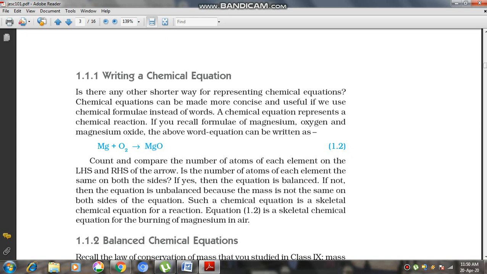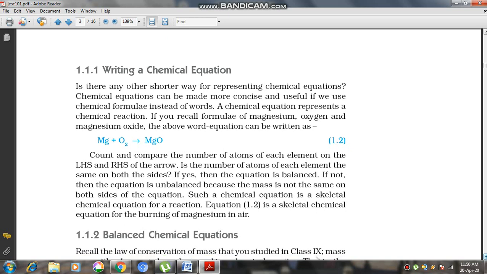Using chemical formulae in a chemical equation is more quantifiable and easier to learn than writing full words.